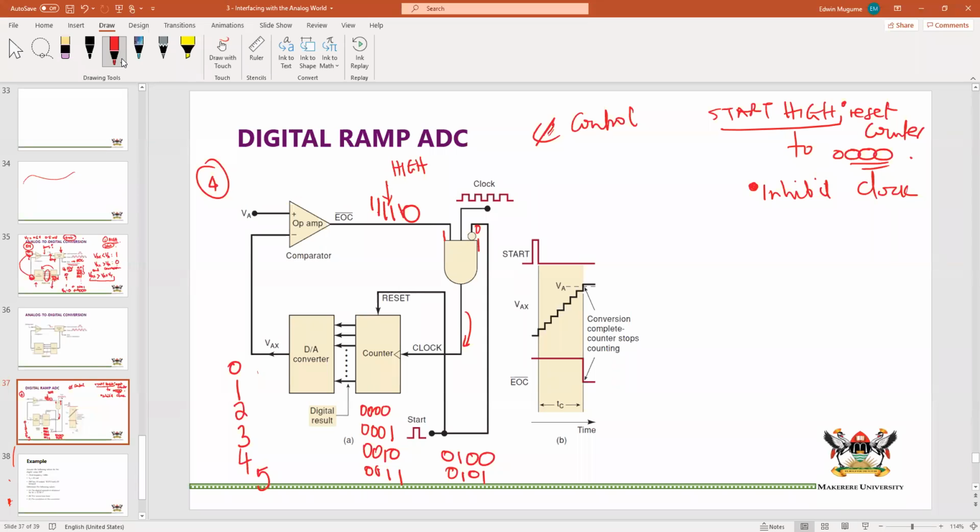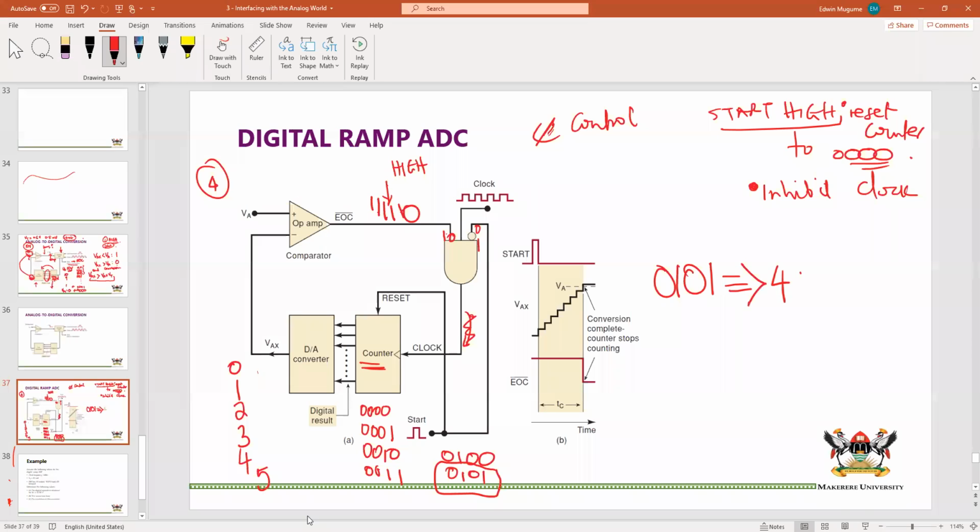The moment a 0 goes in here, it disables that circuit, meaning that you can no longer have the clock. And if you can't have the clock, you cannot count. So now the digital result that you take is the state of the counter, which at this point was 0101.